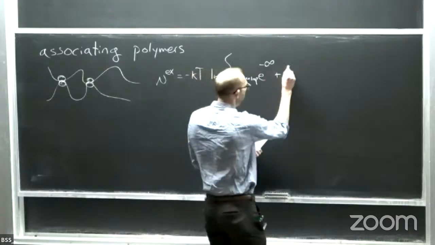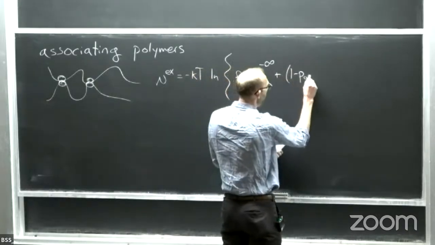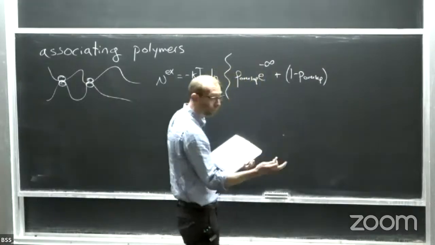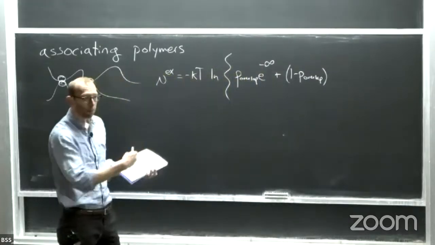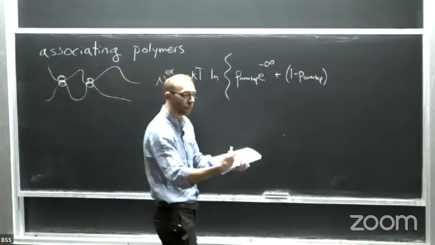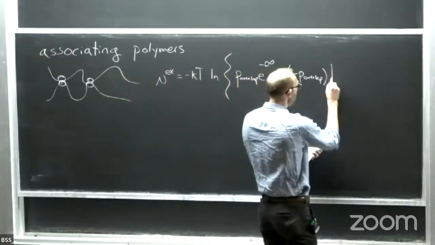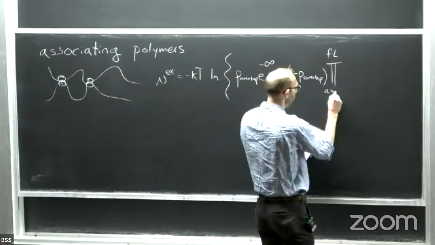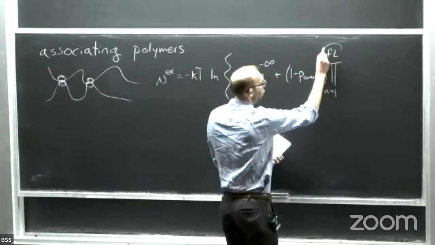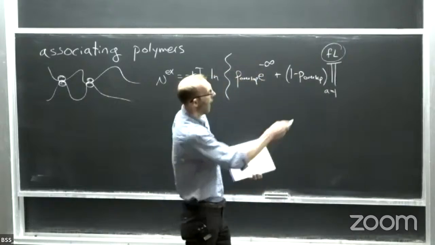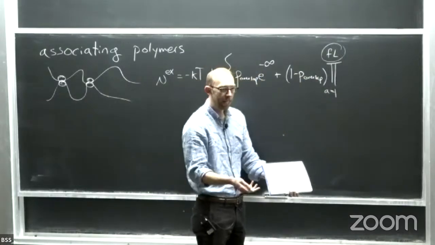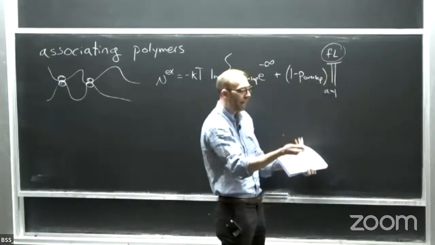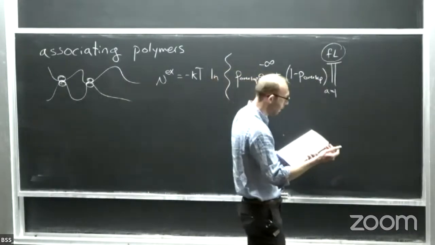And then if we do not have an overlap, then we have to deal with this question of are the associating binding sites actually forming bonds, right? And so for this, we said that we have a total of F times L binding sites per polymer. F is the fraction of monomers that have binding sites, L is the length of the polymer.